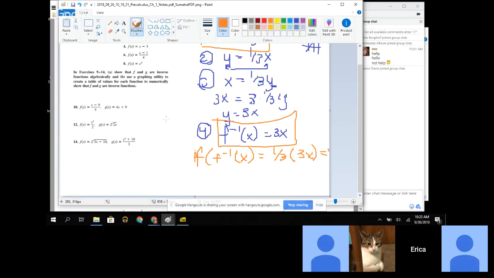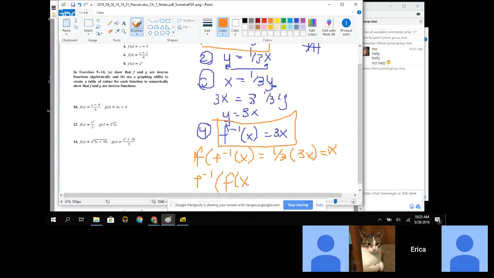I can't get my screen to move over here. Where's my mouse at? There we go. That equals x. And then f of the inverse of f of x would be 1/3 of 3x, which is x. So that's pretty straightforward, right?